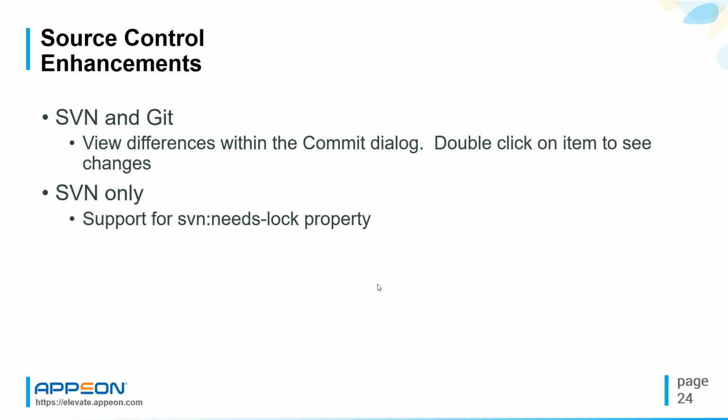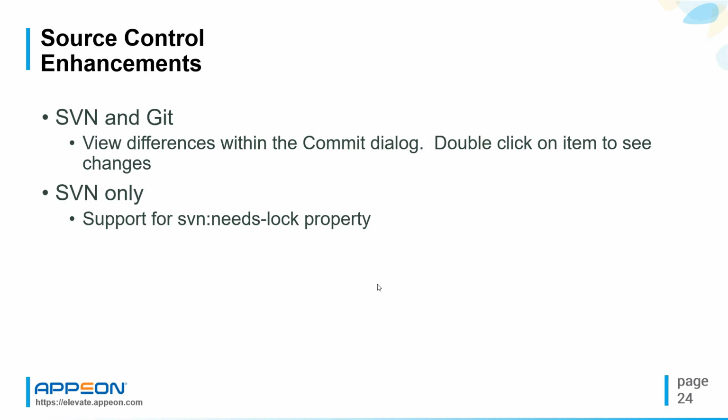One way of preventing that from happening is that you require developers to lock a file before they modify it. So if developer A locks the file, when developer B goes to try to lock it, he gets told that developer A has it, and he doesn't end up getting the file and making changes to it. And the way you mandate that is through this SVN needs-lock property.